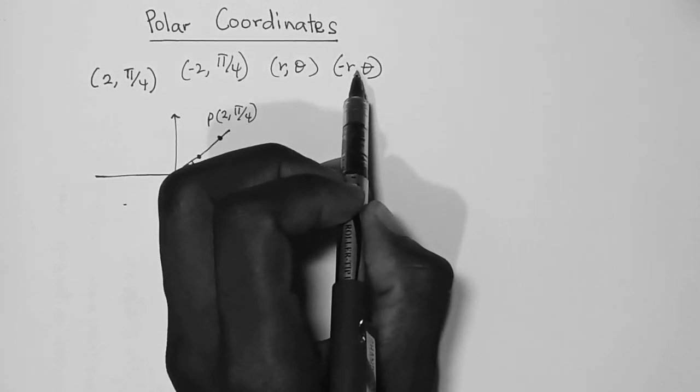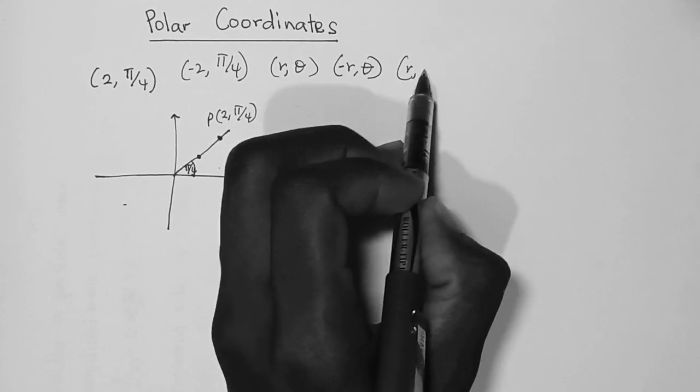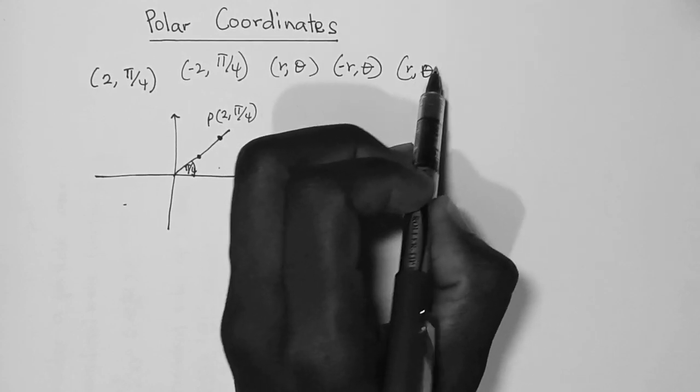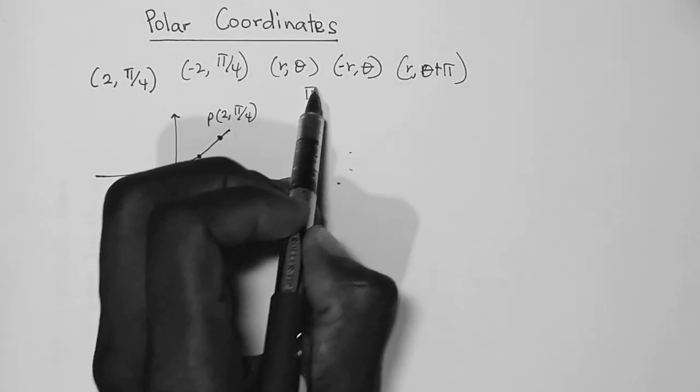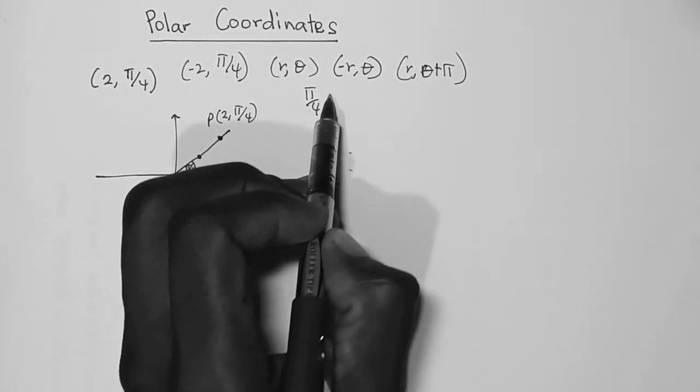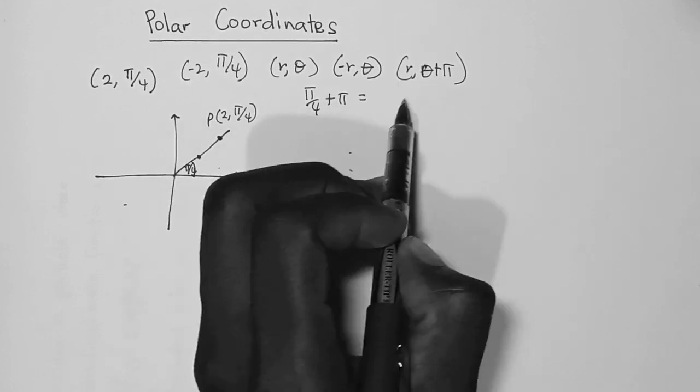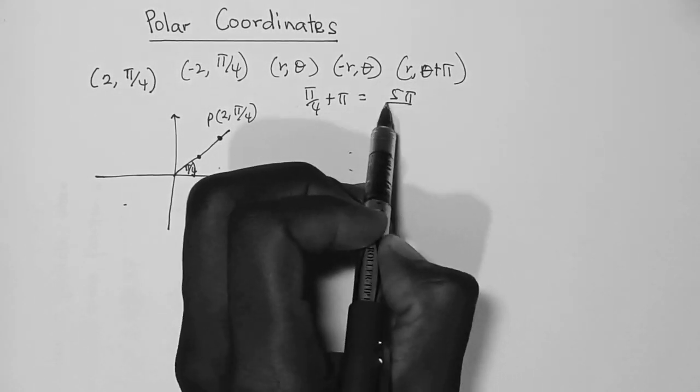So (-r, theta) is the same as (r, theta plus pi). In this case, pi over 4 plus pi gives us 5 pi over 4.